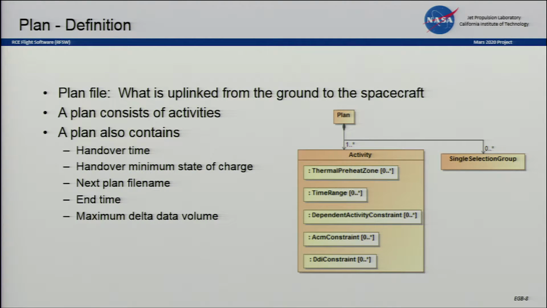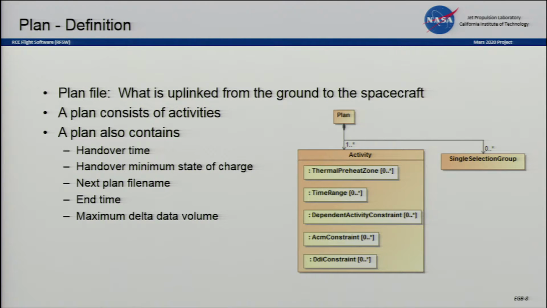Now, what we have is certain goals that must be achieved at that point in time that we hand over to the next day. For example, we want to provide the next day with a minimum state of charge so they have enough energy to do their rover activities. So that's one goal.